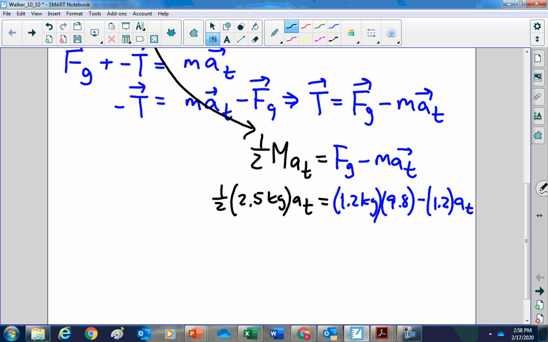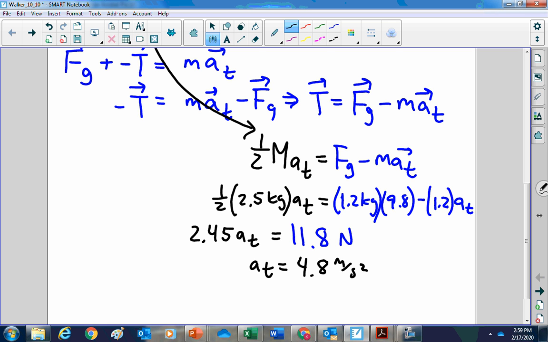So on this side, I'm going to have 2.45 a_t, and on this side, the weight of the little block in newtons, and then just divide, I can get the acceleration, which I had said down was positive. So this is 4.8 meters per second squared down. So that was one of the things they asked me for.